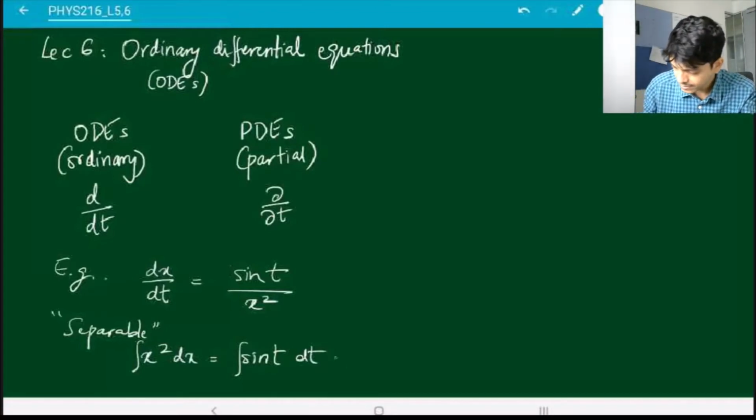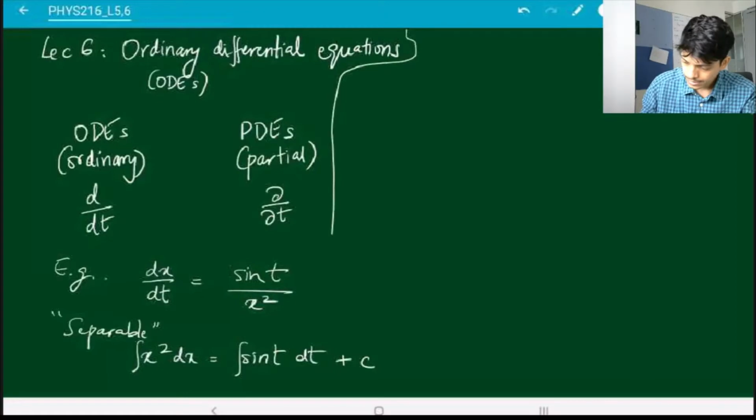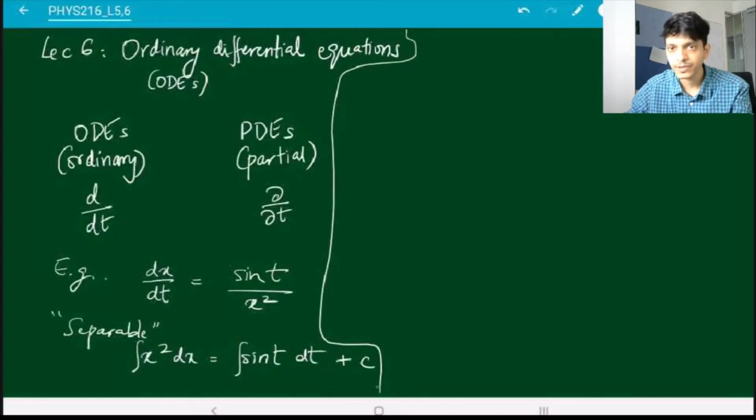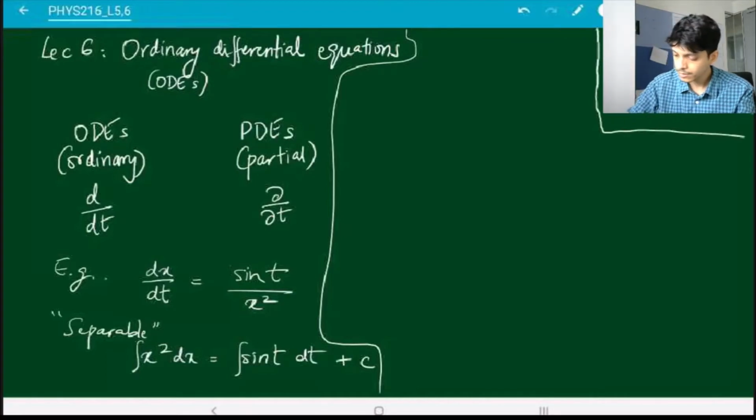So you integrate this, and of course you have to put some constant of integration when you're integrating. And how do you determine what that constant of integration is? The way to do that is to use what are called initial conditions.